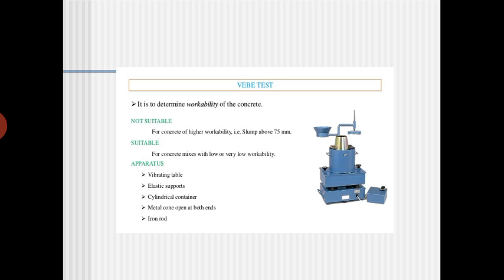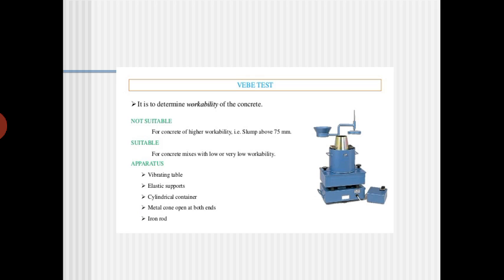And the VB test, it is used to find out the workability of the concrete. Of course it is not suitable for higher workability. Normally a slump above 75 we can call higher workability.